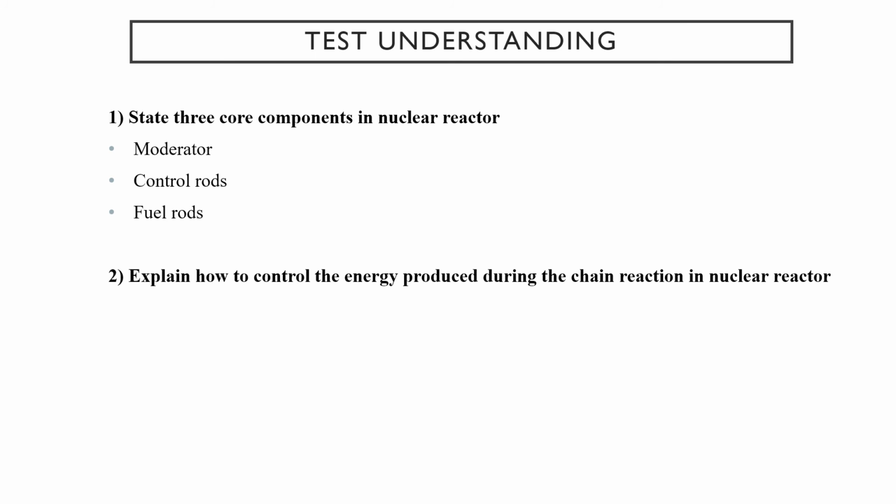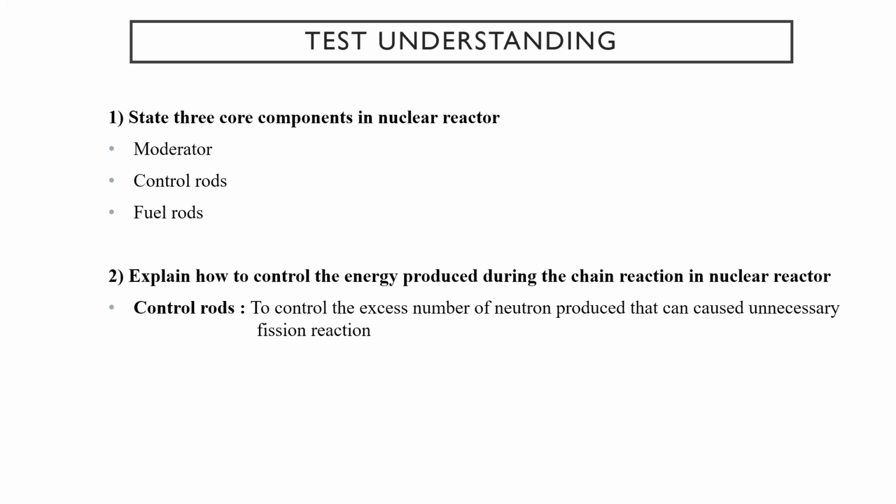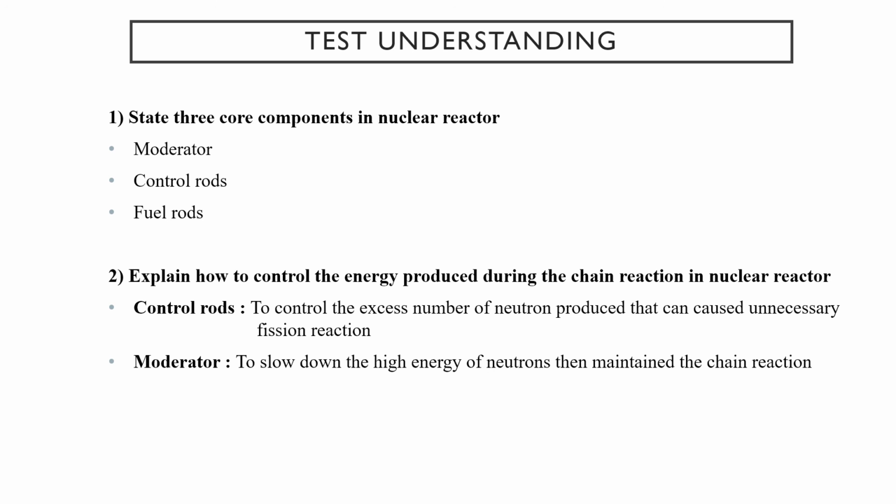The second question is, explain how to control the energy produced during the chain reaction of the uranium in a nuclear reactor. So the answer is using the control rod, because the control rod can control the excess number of neutrons produced that can cause unnecessary fission reaction. And also use the moderator to slow down the energy of the neutrons to maintain the chain reaction.